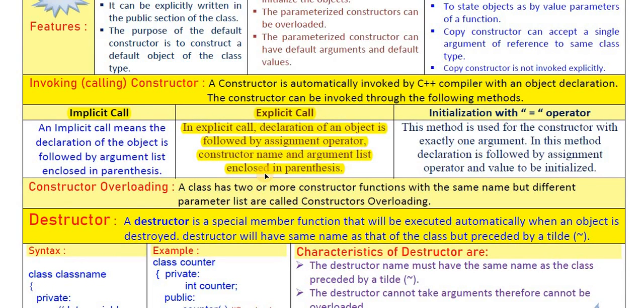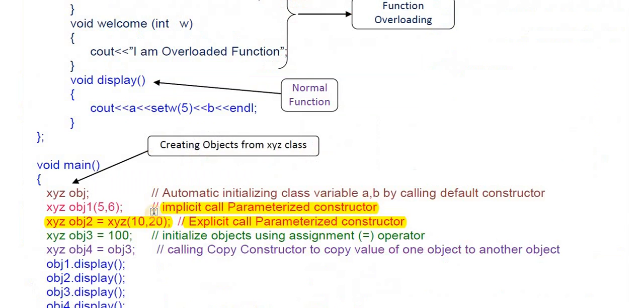Here the definition is given in English. By looking at this line also, you can define it. In this line, we are explicitly calling a constructor by creating an object with the equal to or assignment operator and the name of the constructor with values inside parentheses. So by looking at this single line, you can give the definition of the explicit call.